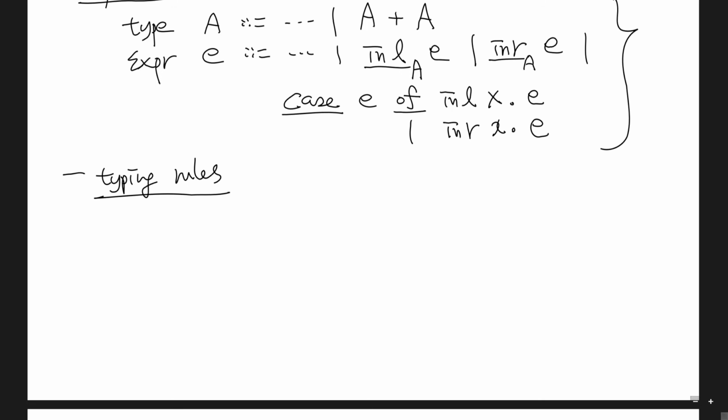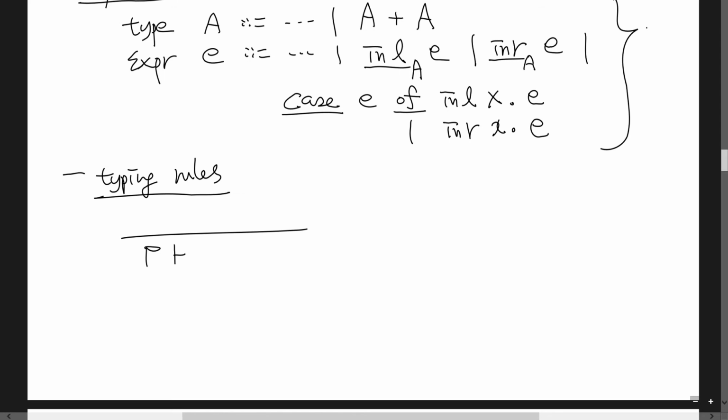So how do we decide the type of this injection left expression E, where we have this annotation A2?